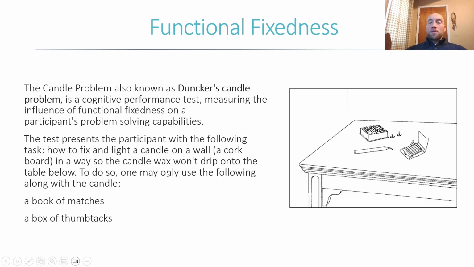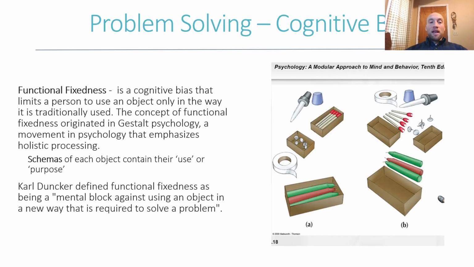Now, most students really struggle, not students, but most of the participants in his task really struggled with this problem because of functional fixedness. The reason is that the function of all the items here, in terms of what each item is and how it relates to the environment, is set in stone.